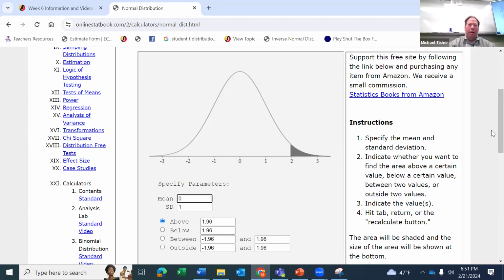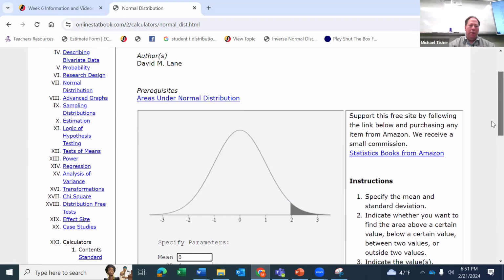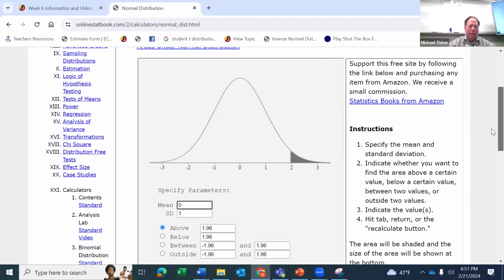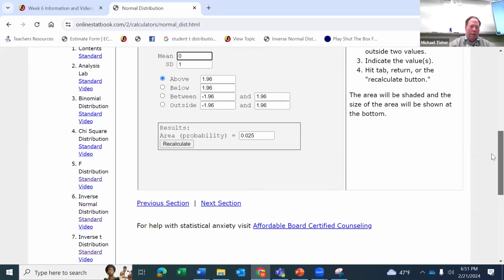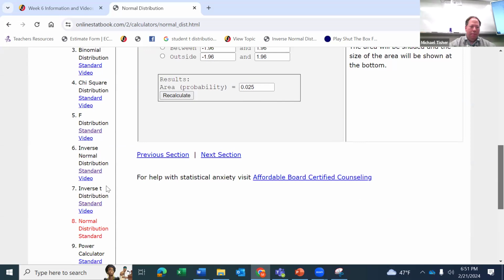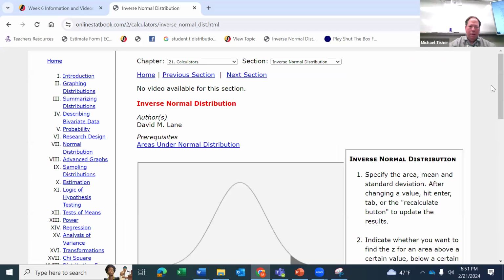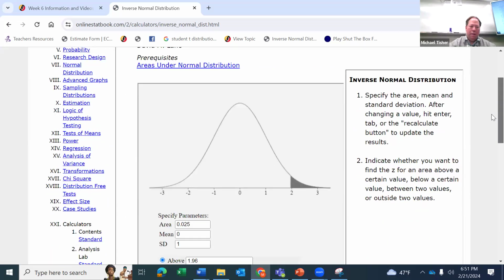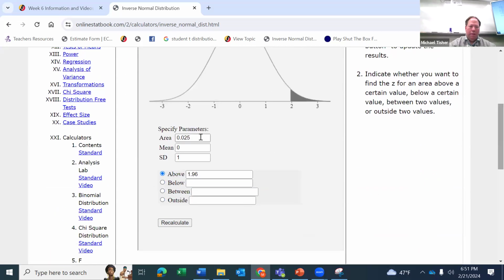Okay. So a long way is you want to find the critical point, and we're given an area of 0.05. So we need the inverse website. So you get an area of 0.05. And then we want it to be below.